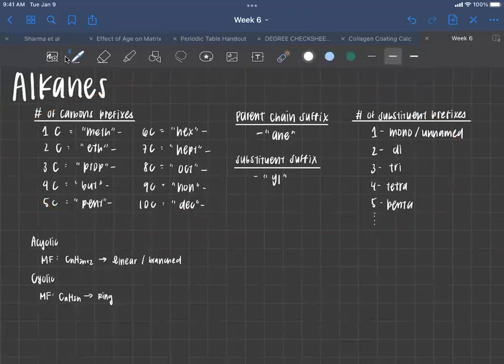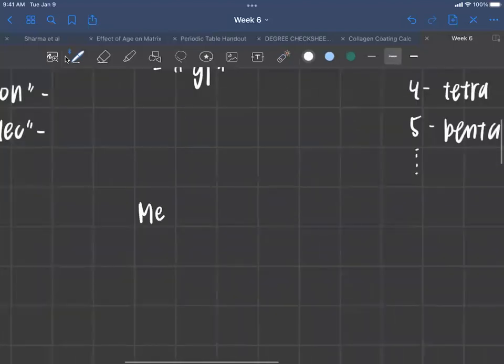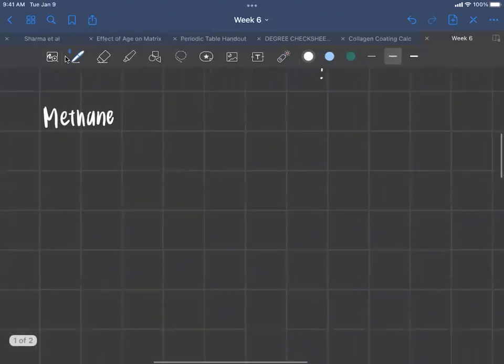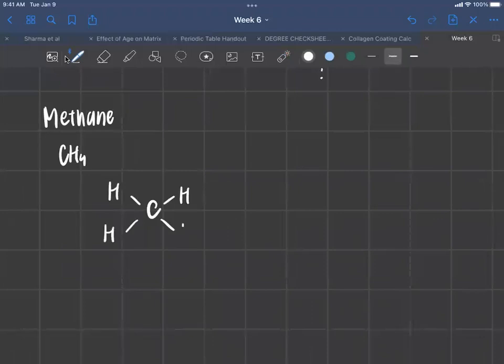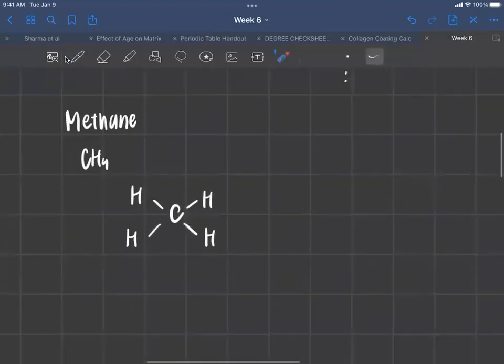So the simplest hydrocarbon, as we know, is methane. I know this was brought up way early in organic chemistry or even general chemistry. There's the formula CH4: we have a central carbon attached to 4 hydrogens. I was always curious, why is this called methane?